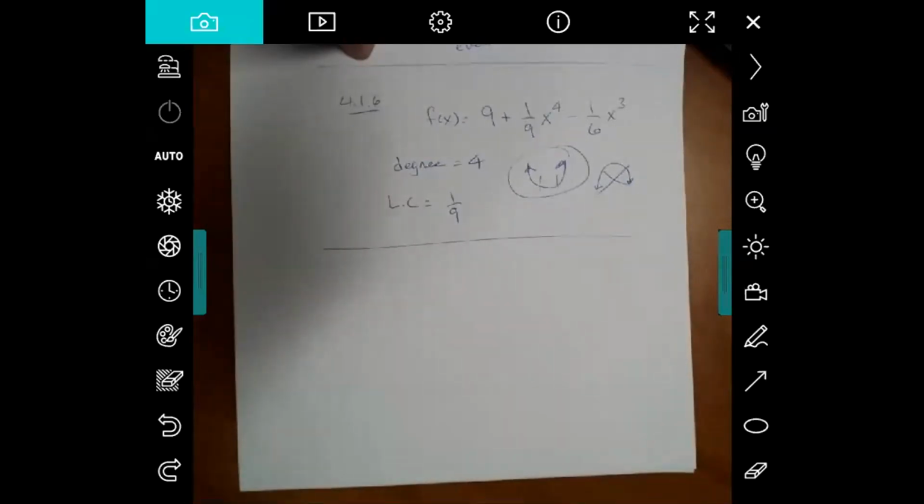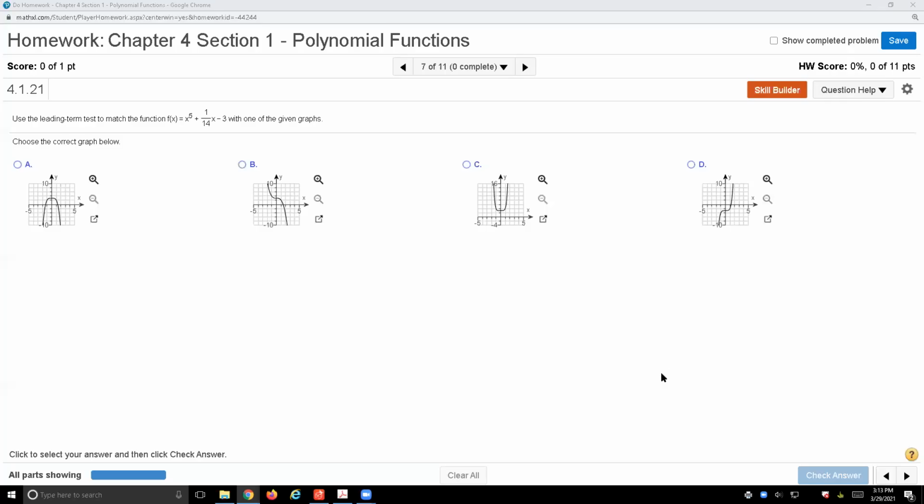All right, let me switch over so you can see this screen. F of x equals x to the 5th plus 1 over 14x minus 3. Choose the graph. So what letter?